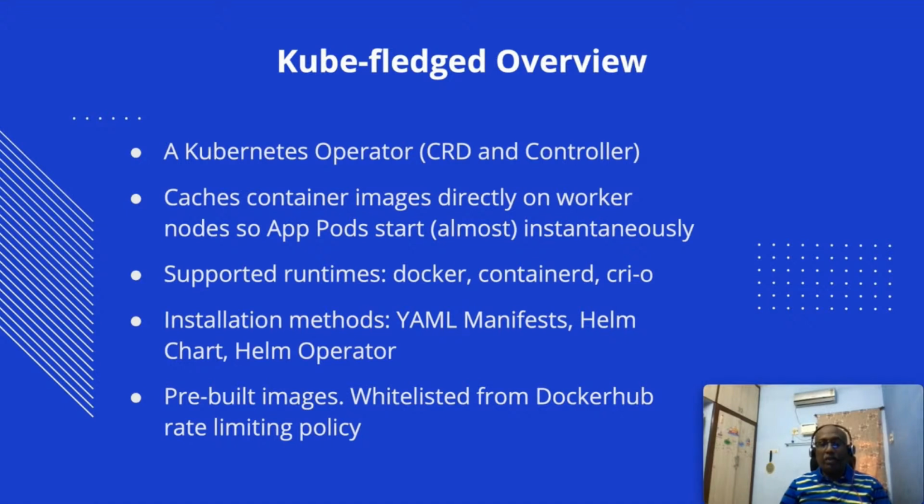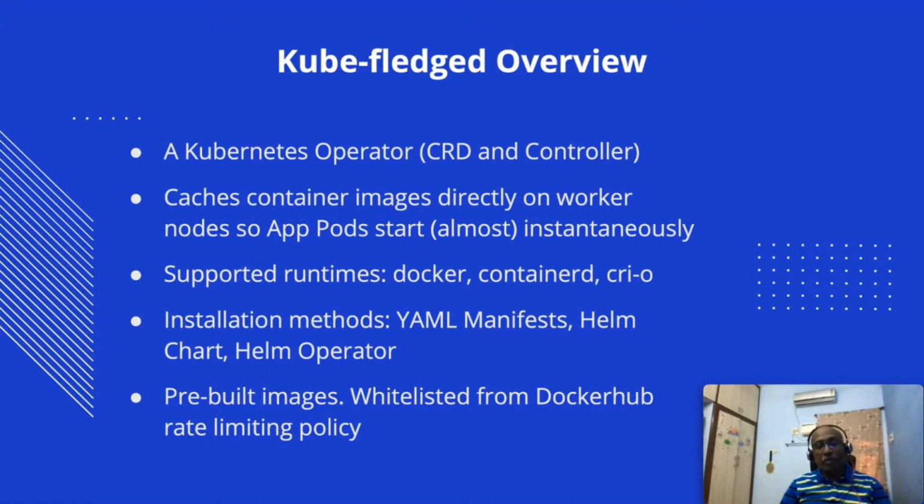It supports 3 different methods of installation. So you can make use of plain vanilla YAML manifests, or you can use the Helm chart way of installing. And for advanced users who rely on operators, you can also make use of the Helm operator way of installing Cube-fledged.